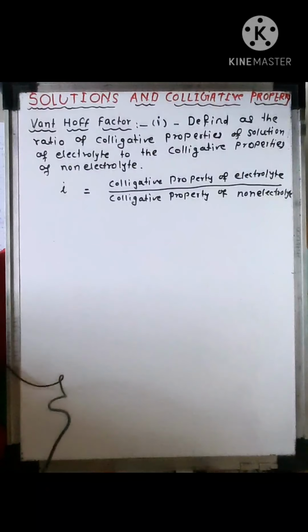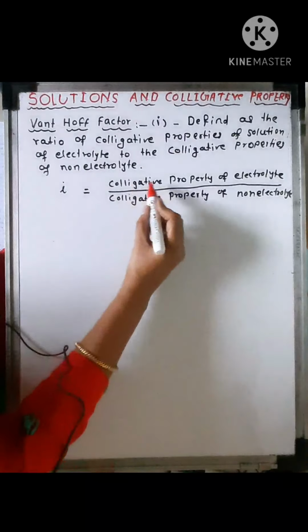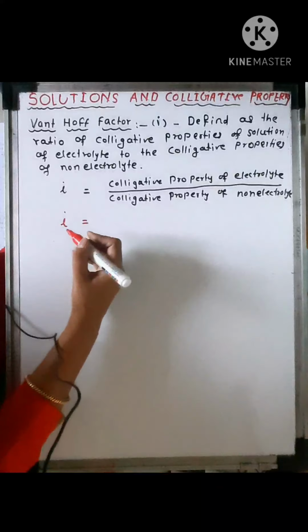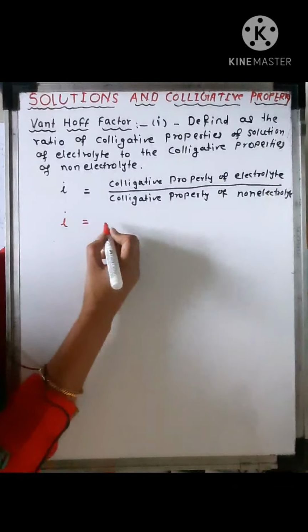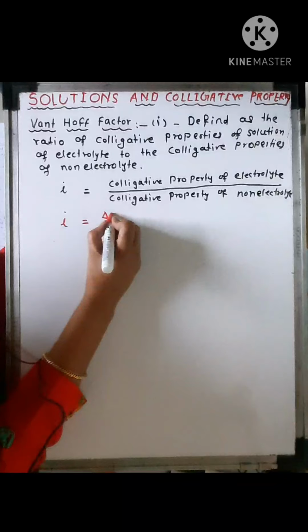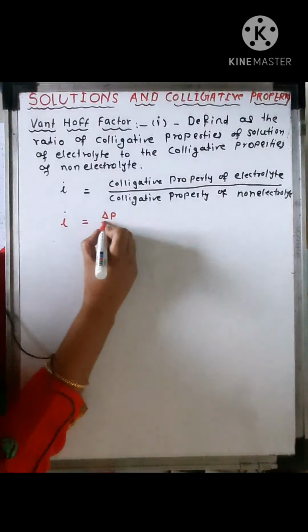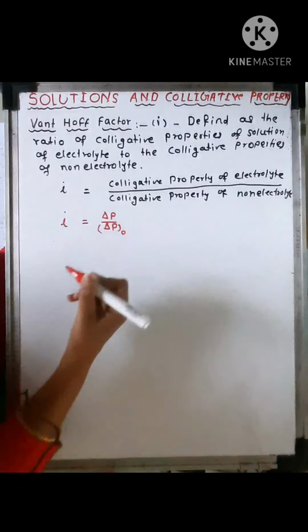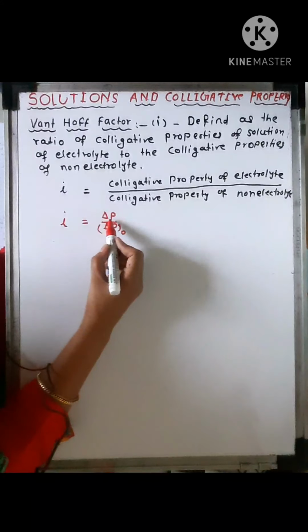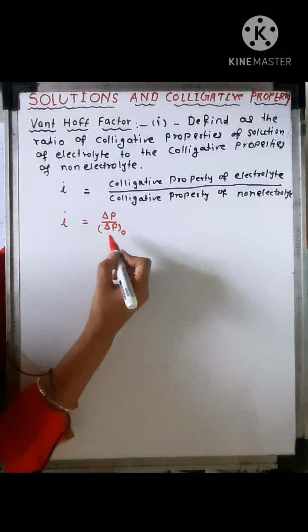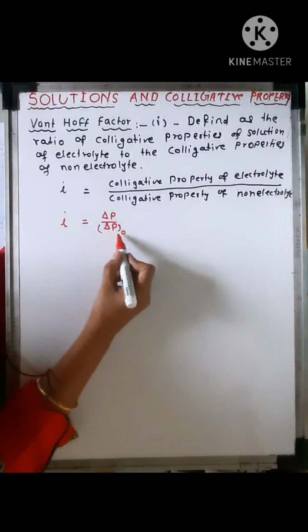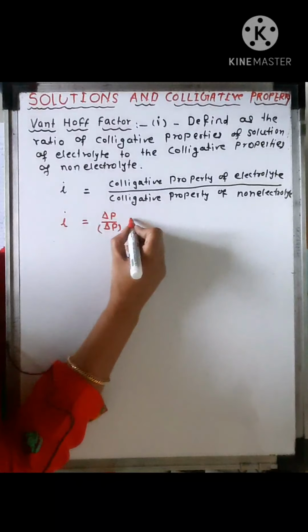As you know, there are 4 colligative properties. In terms of Van 't Hoff factor, I will show you the formula. First, I is equal to delta P upon delta P0, the lowering of vapor pressure of electrolyte to the lowering of vapor pressure of non-electrolyte.